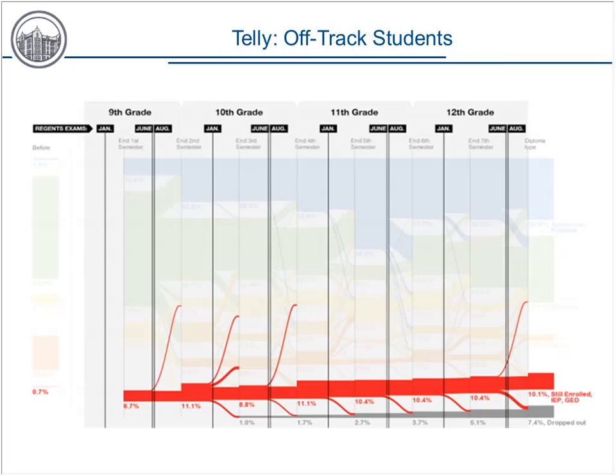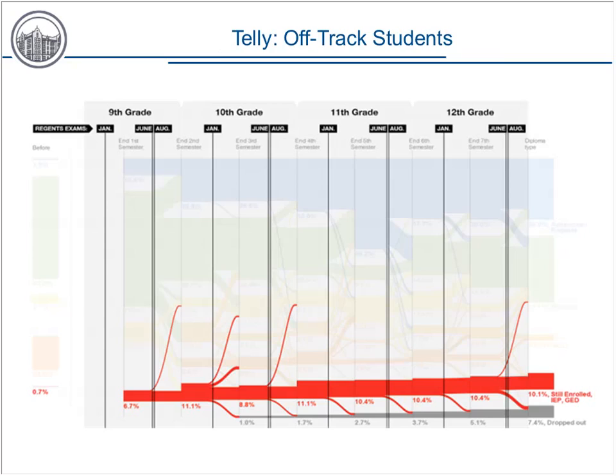So even though Tele consistently graduates 80% or more of their students, many with an advanced Regents diploma, the highest diploma here in New York, their record of success excludes this one group of kids, the chronically low-performing students who make up this red band.